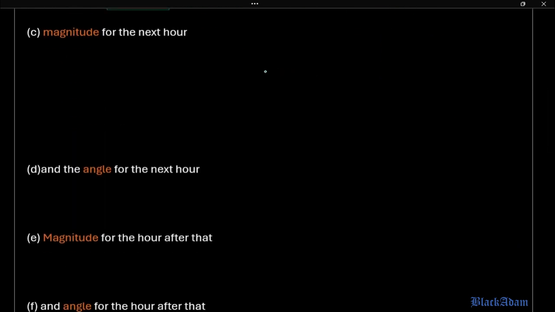So magnitude for the next hour. For the next hour, the initial displacement is going to be negative 10 centimeters j, and then the next hour is also going to be under j, which is going to be 10 centimeters.